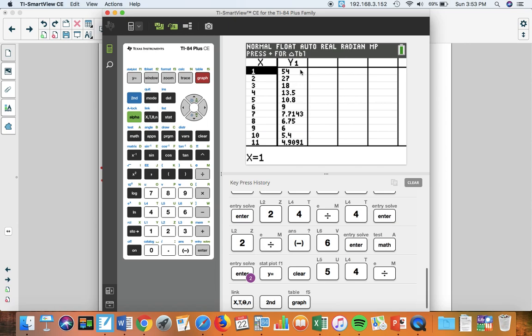So our factors are 1 and 54. The next one is 2 and 27. Then we have 3 and 18. Then we have 6 and 9.